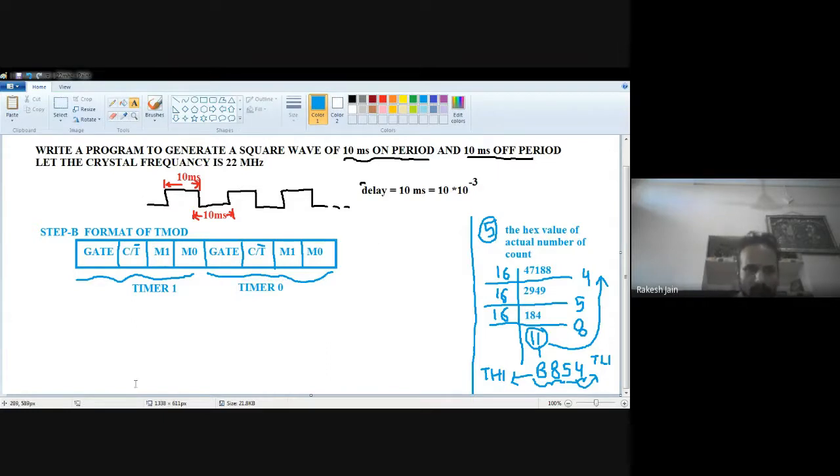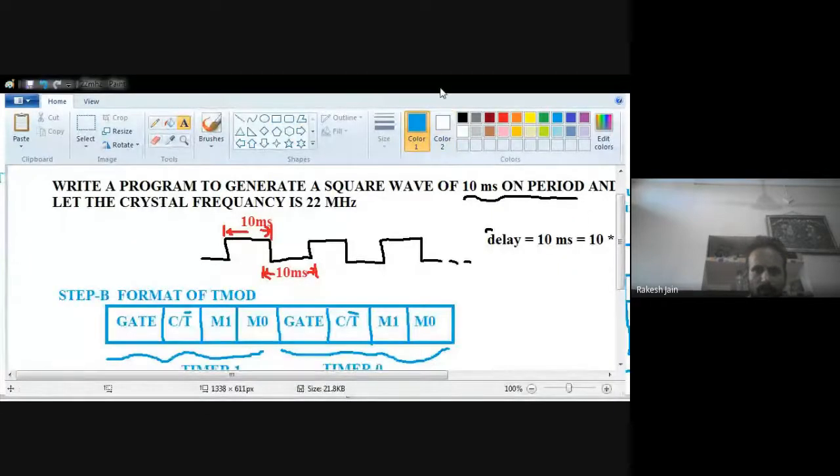For whichever timer we want to use, according to that we choose the bits of the T mode register. Okay.